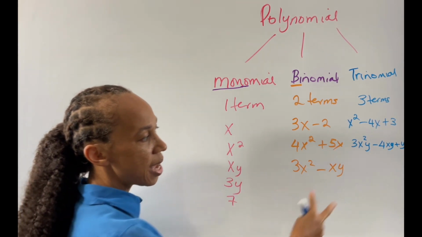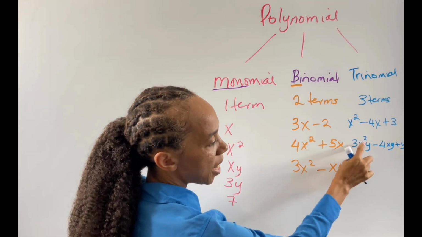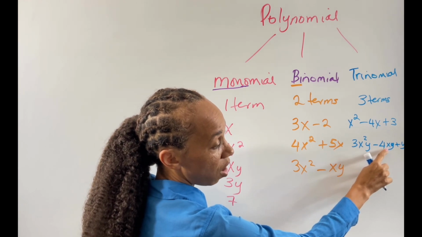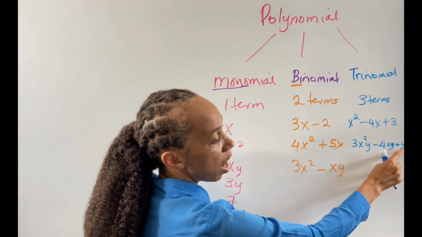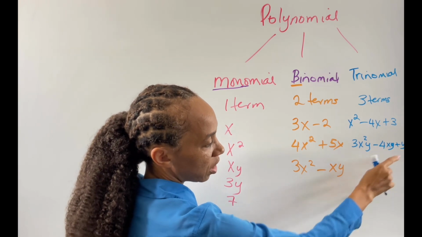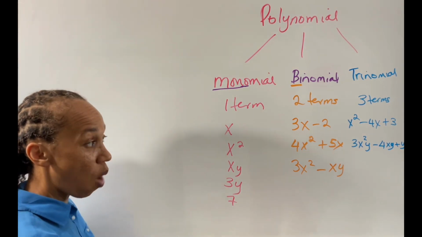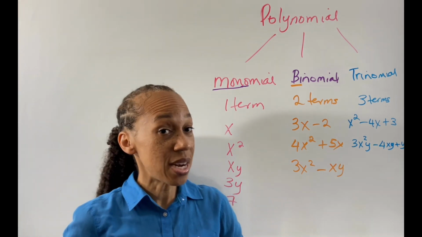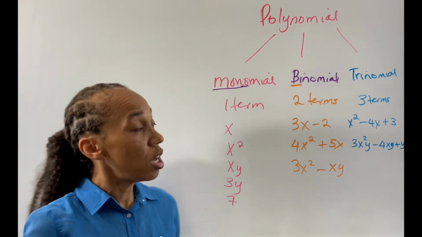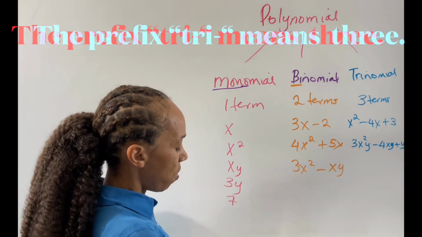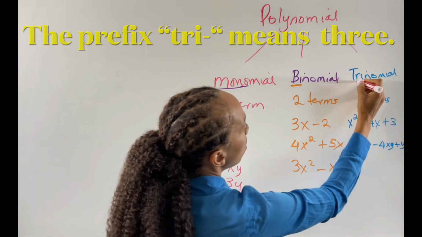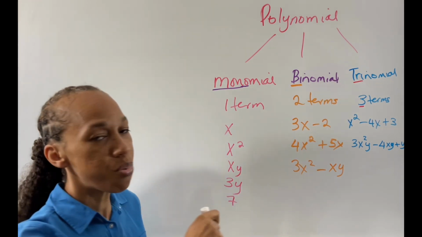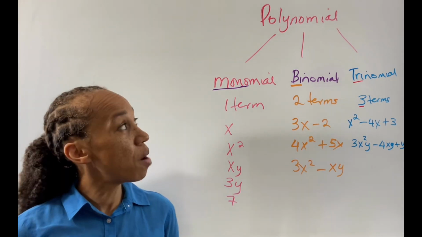You cannot add these three terms because one has the exponent, one doesn't have the exponent but has the other variable, x, and the other term just has the variable y, but you cannot add the y with the xy. So that is a key thing. And the prefix here is tri, and tri we know means 3. So this is a key way of remembering the different types of polynomials.